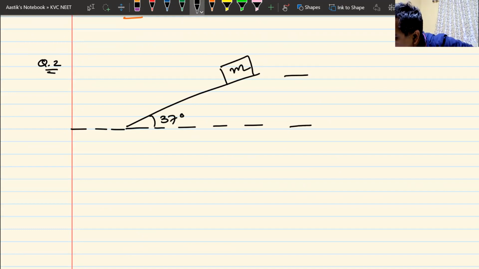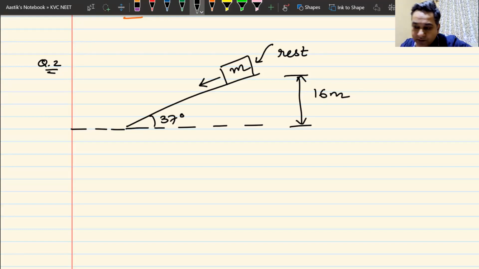This is kept at a height of, let us say, the same 16 meters. I have not changed this. This block is at rest. Now this block is going to slide down.